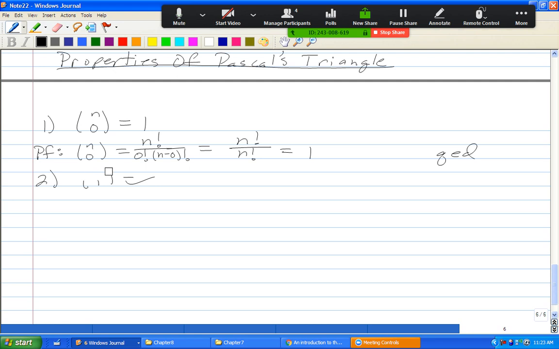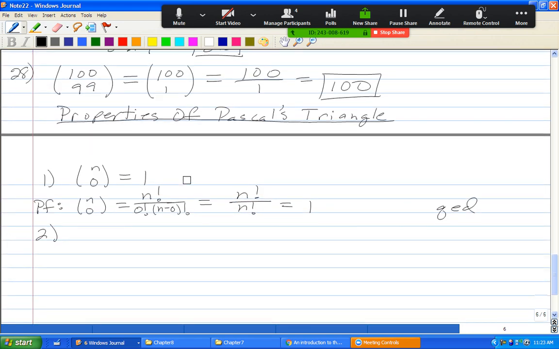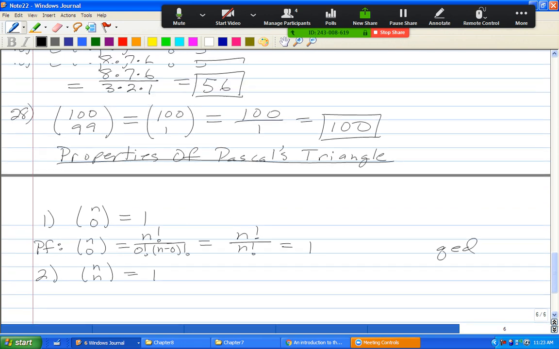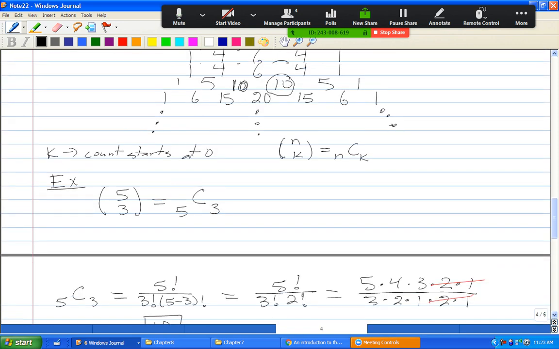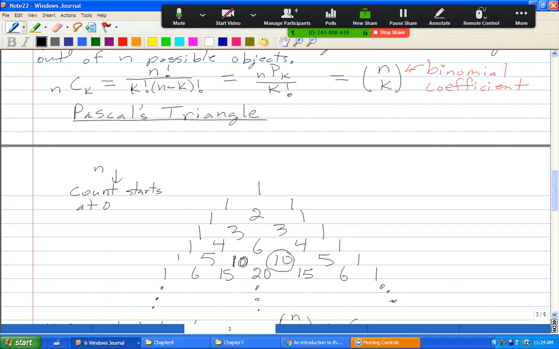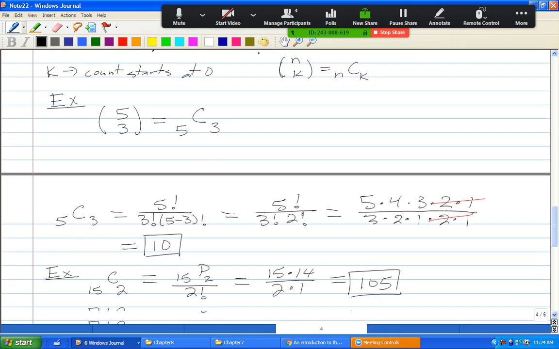Okay, so this first property says that all of these on the left are 1. The next property will say all these on the right are 1.